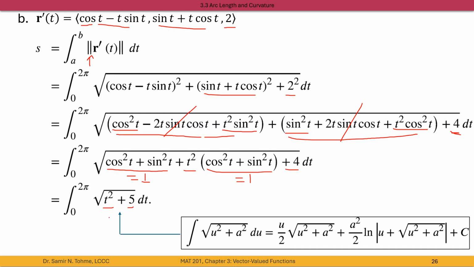So the first one will be u squared, and the second number over here will be a squared. Let's apply the formula. The formula tells us the integral of radical u squared plus a squared du is equal to u over 2, which means u is equal to t, because u squared is equal to t squared.